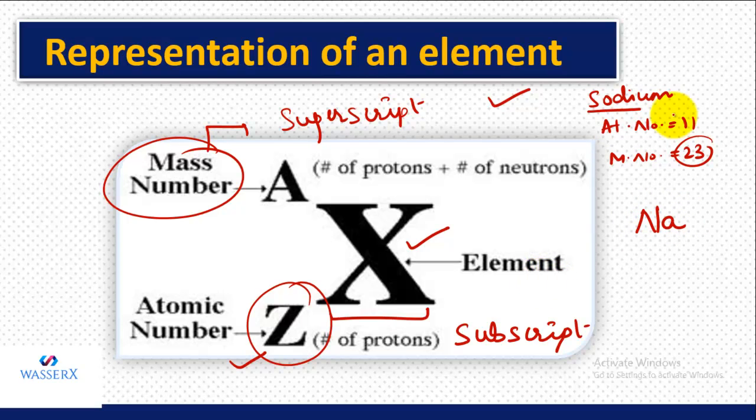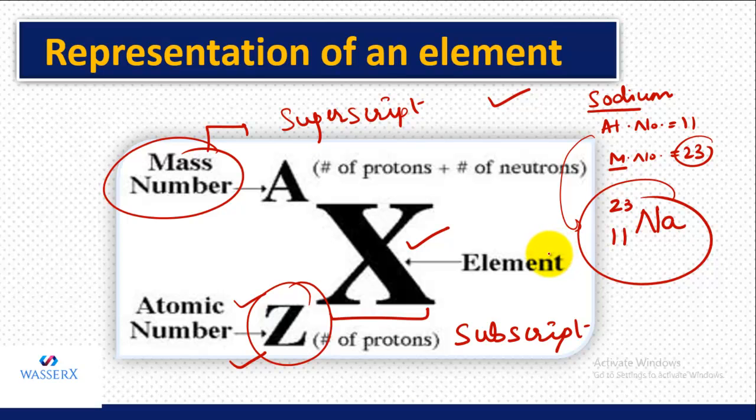Then I need to specify the atomic number and mass number as subscript and superscript. So atomic number we know is the subscript. So I'll write 11 here, and mass number as superscript, which is 23. So this is the perfect representation of an element. So likewise, you can represent any element, but yes, you have to remember the atomic and mass numbers and also their symbols.